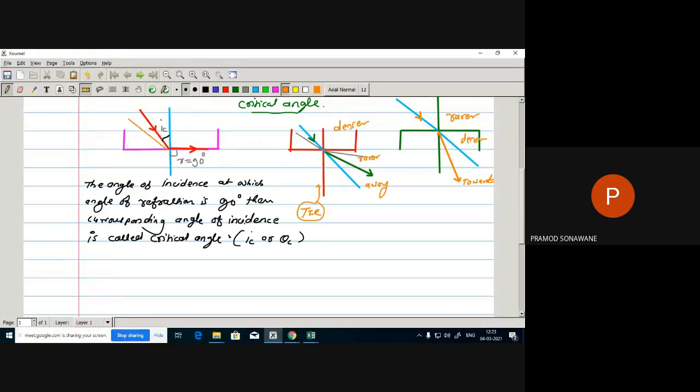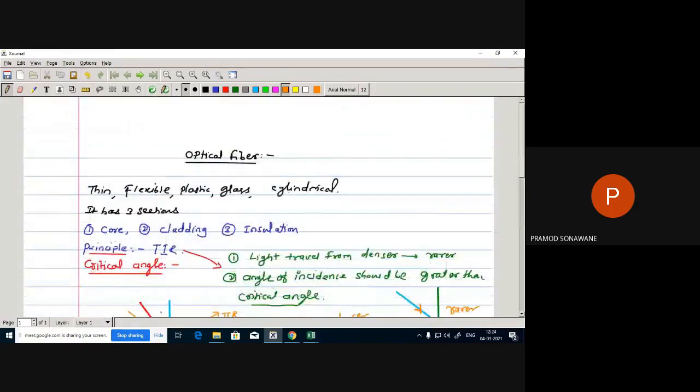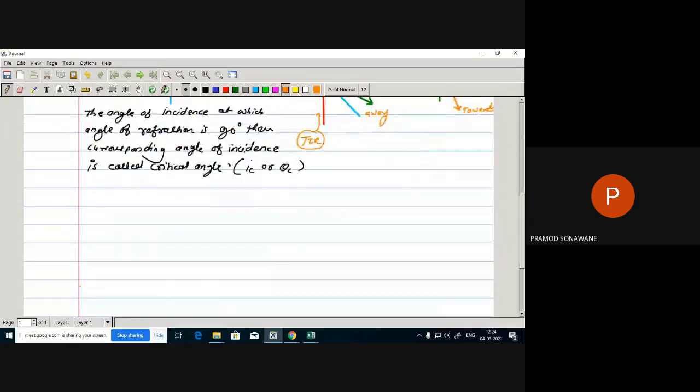The light is reflected back in the same medium. This is called total internal reflection, TIR. So our incident ray should be incident at greater than the critical angle. I think everyone knows the details of TIR, right?